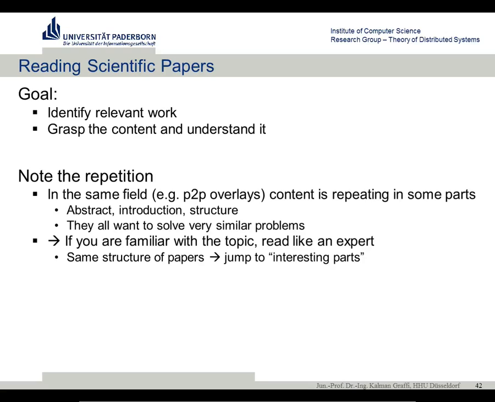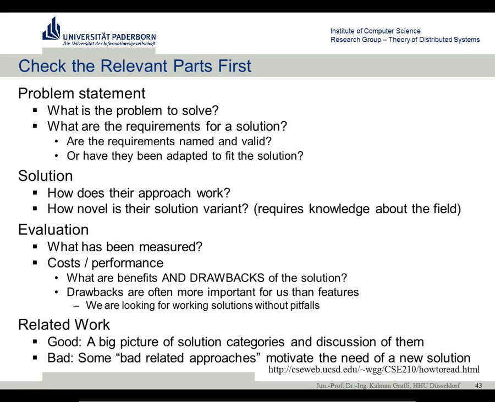So you can already jump to interesting parts: okay, this is another P2P overlay, let's jump to page 3 or 4 where they describe how they do it, and then probably to the evaluation to see, is it really working? Better to sometimes just jump around to look for what you're looking for.